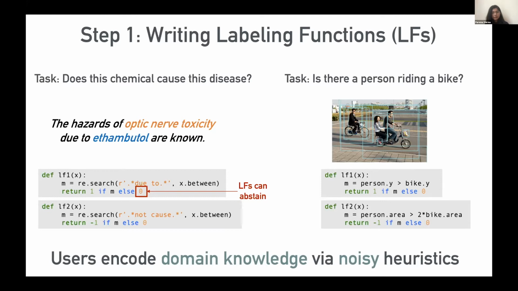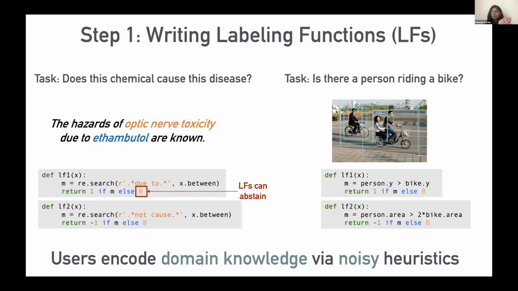One last thing that I wanted to highlight in terms of writing labeling functions is, if you notice here, we actually return a label if, say, there's a specific phrase in the sentence we're looking at. But if that phrase doesn't appear, we don't say that it's false. What we actually do is we abstain. And this essentially means that the set of labeling functions we have don't necessarily have to label every single data point.